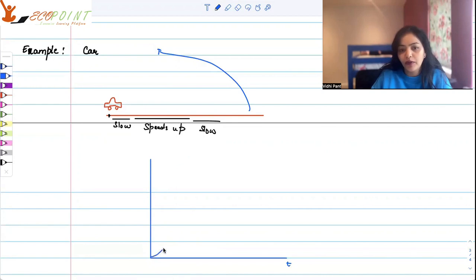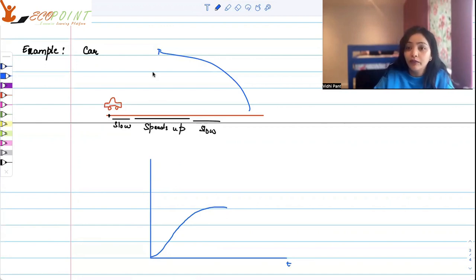So the car, perhaps it just starts like this, speeds up, and then it's again sort of slowing down. This is how the car is moving, right? So we have just seen how the car moves vis-a-vis time here.